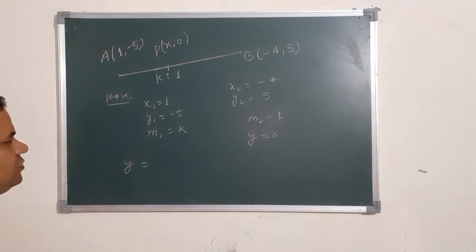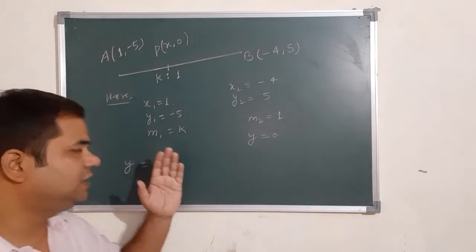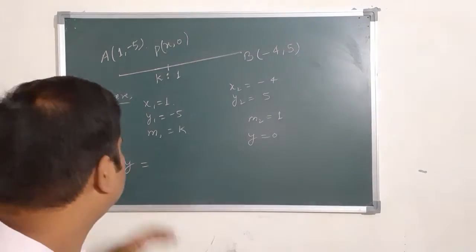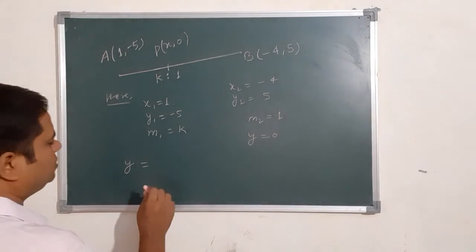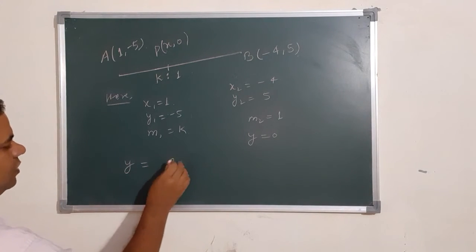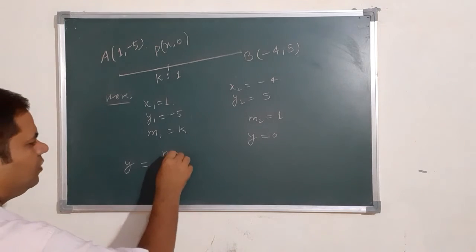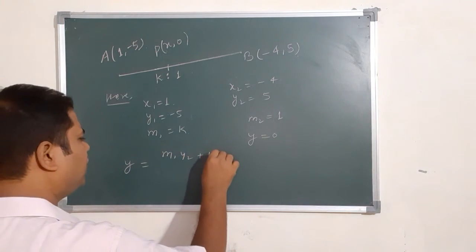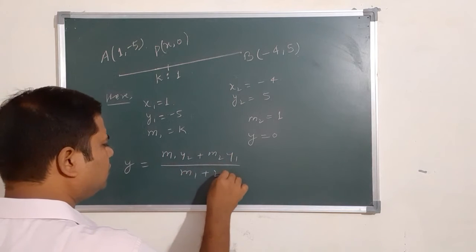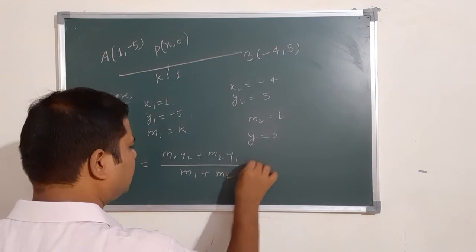So first we find the ratio, and for finding the ratio we use y equal to 0. You know very well, y is equal to (m1 y2 plus m2 y1) divided by (m1 plus m2), and this is nothing but 0.